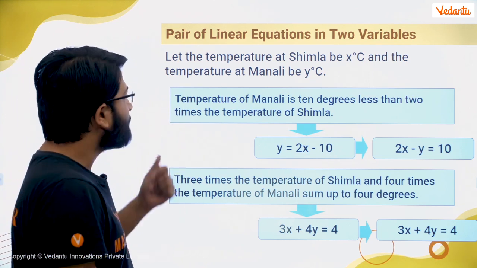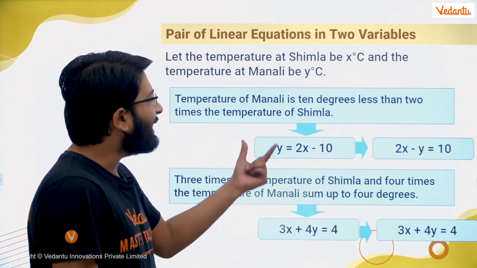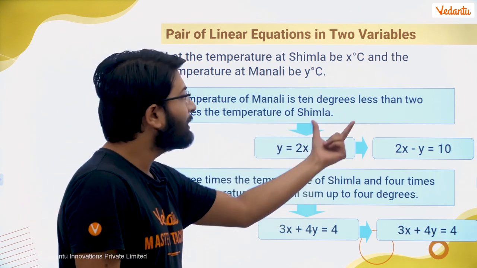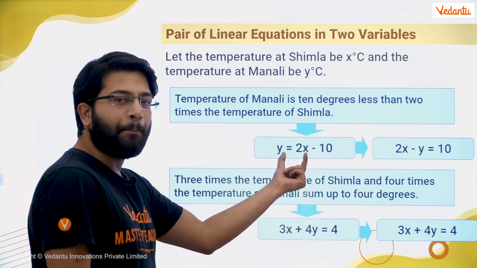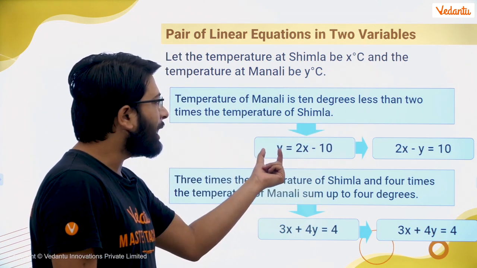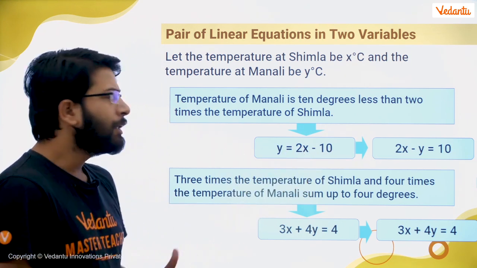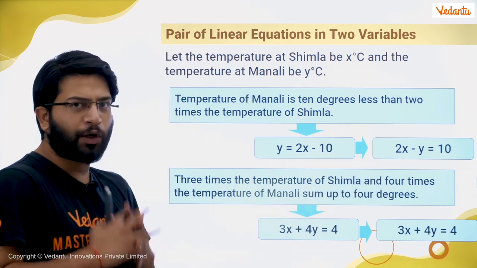Information one is saying the temperature of Manali, y, is equal to 10 degrees less than 2 times the temperature of Simla. So I got one equation in two variables, which is a linear equation also.